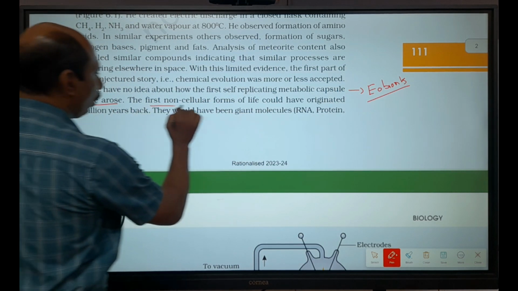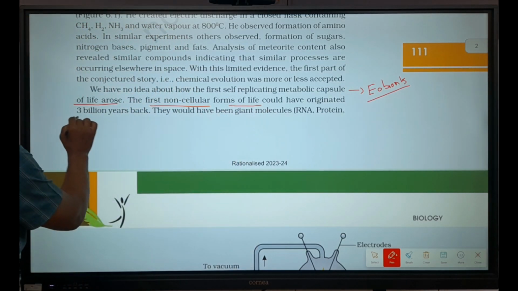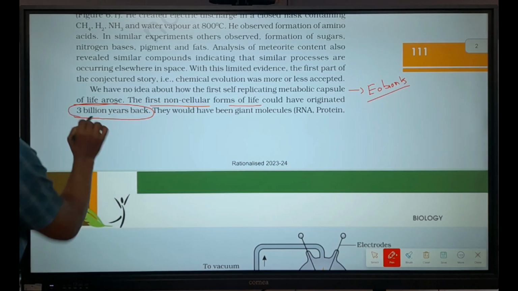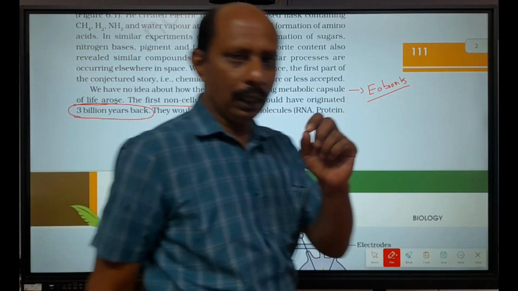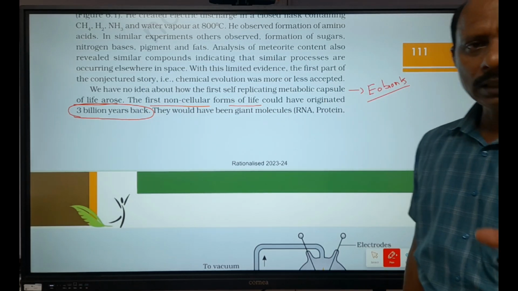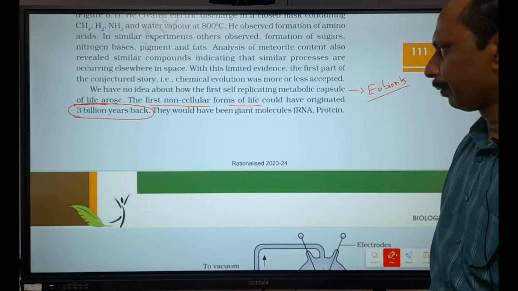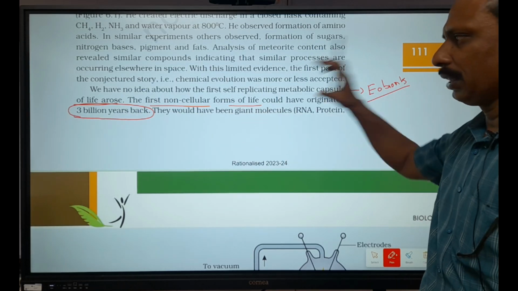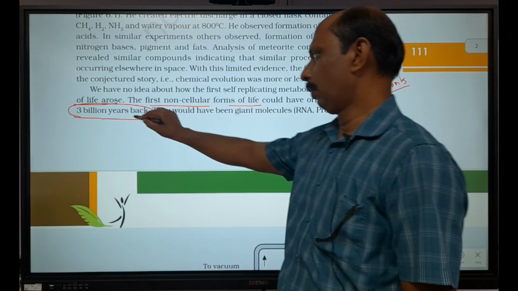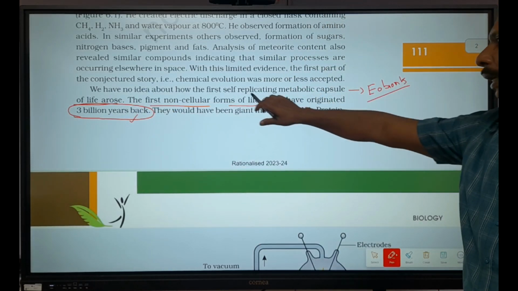The first non-cellular form of life could have originated around 3 billion years back. Life starts at 4 billion years back, at that time only chemogeny is there, right? Here biogenesis starts. 3 billion years back means first acellular or non-cellular, right?